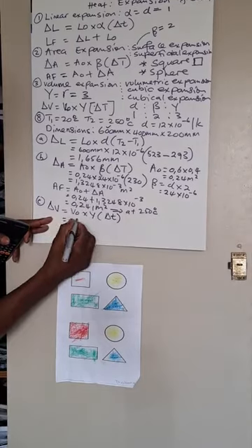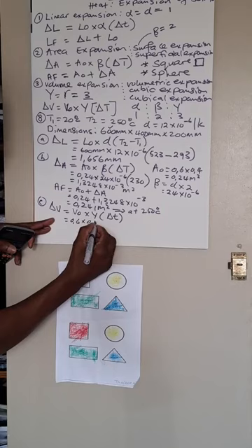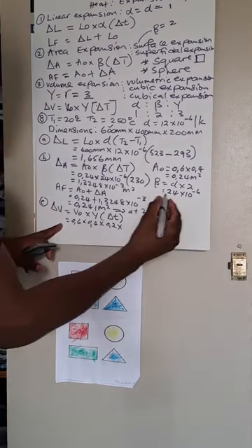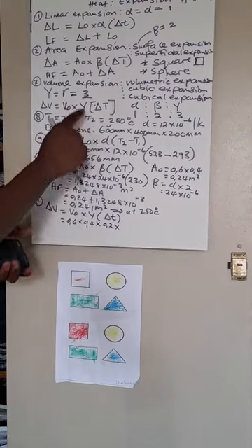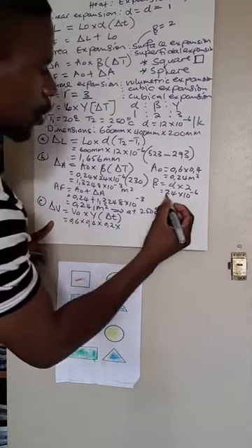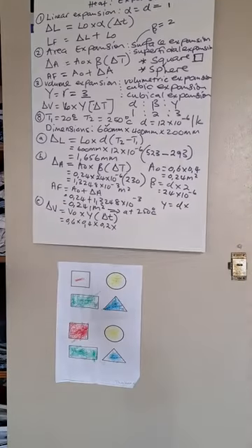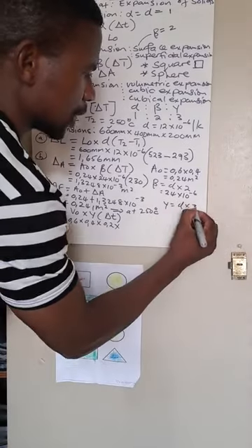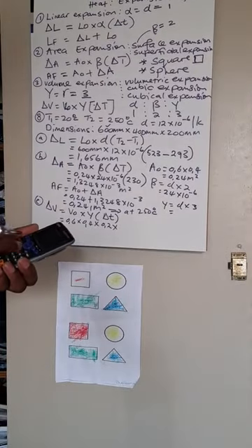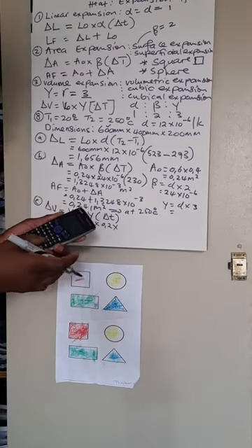So it becomes 0.6 times 0.4 times 0.2. Another small problem, once again, we are given our expansion in linear form, but we want our volume. So gamma equals alpha times 3.